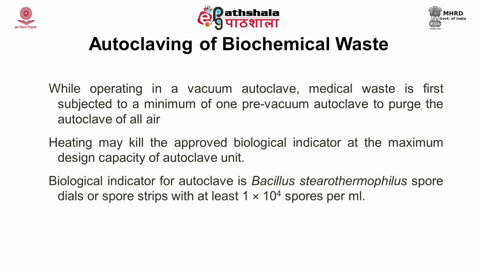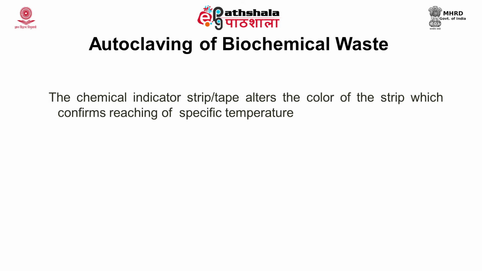The biological indicator of an autoclave unit is Bacillus stearothermophilus spores, called spore vials or spore strips, with at least 1 x 10^4 spores per ml. Hence, the temperature must not be less than 121 degrees Celsius or the pressure not less than 15 psi. The chemical indicator strip or tape alters color, which confirms that the respective temperature has been reached.